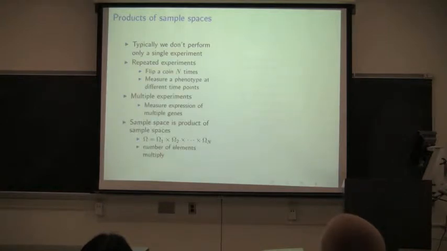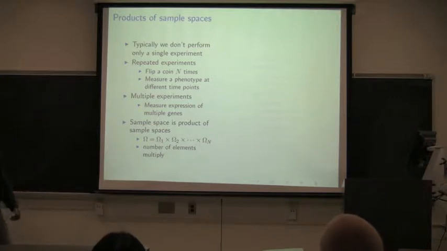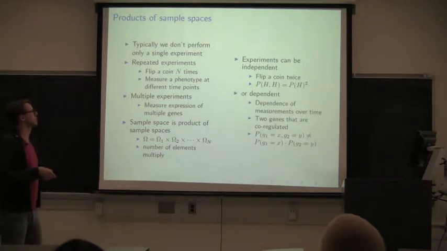We can combine events, for example, by performing the same experiment several times, or by performing different experiments that are somehow related to each other, like measuring multiple genes in the same individual. These can be independent or dependent.